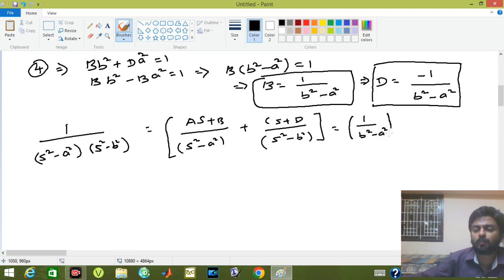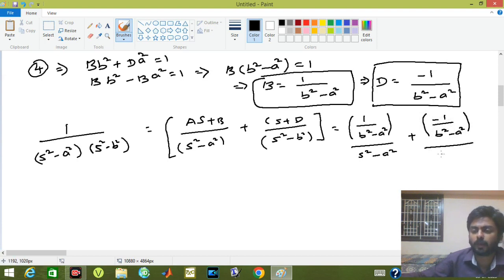This is the value of b divided by s² plus a², plus the value of c becomes 0. So the value of d is minus 1 divided by b² minus a², divided by s² plus b².